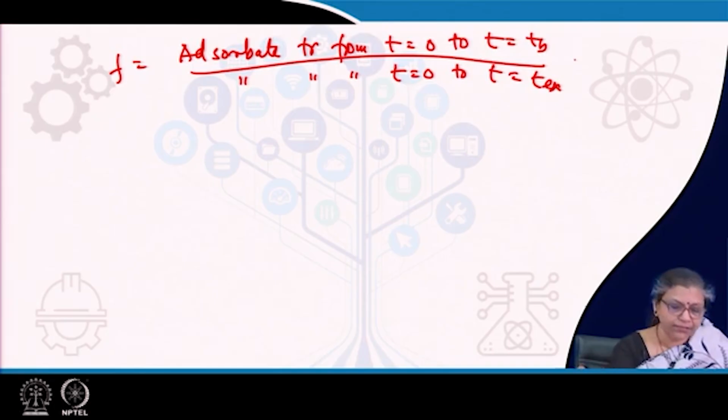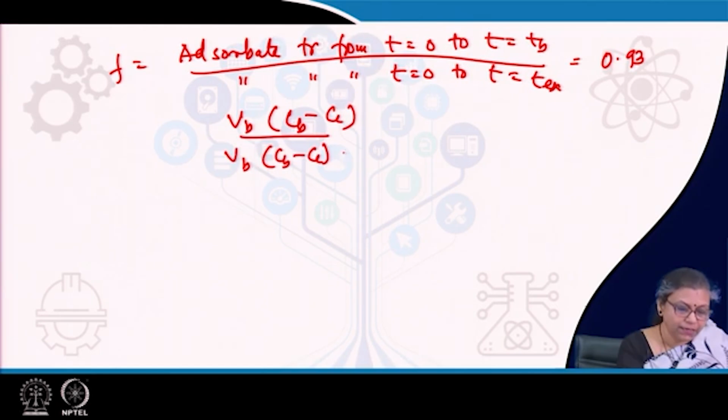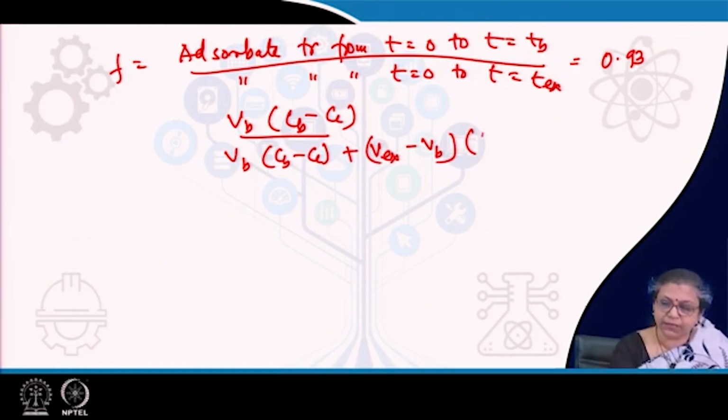From there, if we find it out, you will find that it is nearly equal to 0.93. This adsorbate transfer is nothing but VB into (CB minus CI) divided by VB into (CB minus CI) plus (V exhaust minus VB). We assume that the average concentration is the arithmetic mean. From there you can find it out. This is actually quite high.